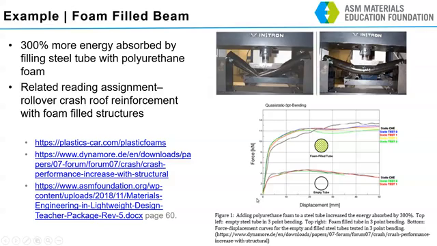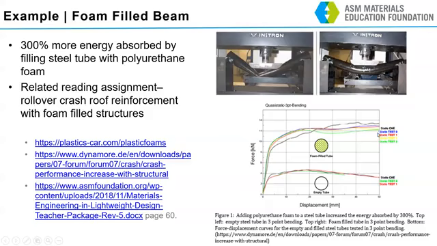And we're measuring how much this is moving, how much it's being displaced as a function of the applied force. So our empty tube has a force displacement curve down here, and our filled tube, just filling it with a polyurethane foam, increases our force displacement curve a lot.